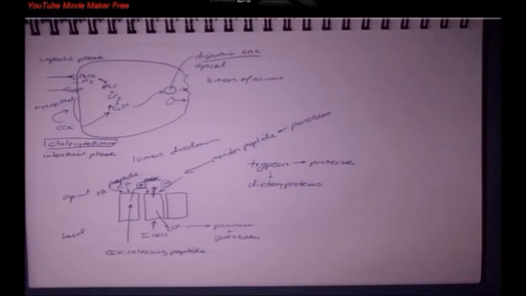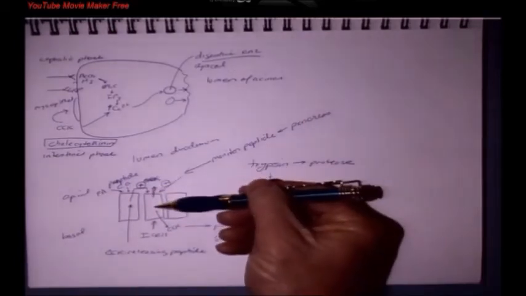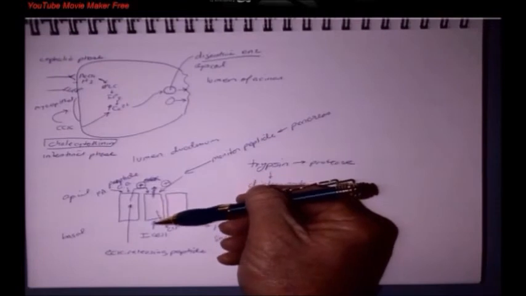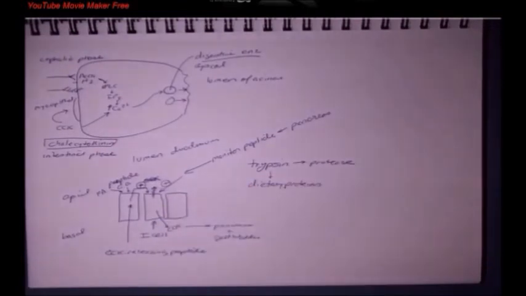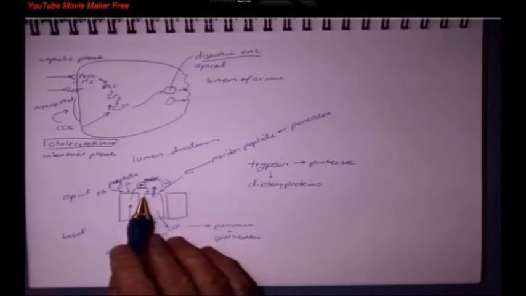Now what's important to me? What's important to me is that you know that it's dietary components entering the proximal duodenum that triggers release of CCK out of I cells. Know generally that there are these regulatory proteins that are degraded by trypsin, and that's the brake to shut off CCK secretion.